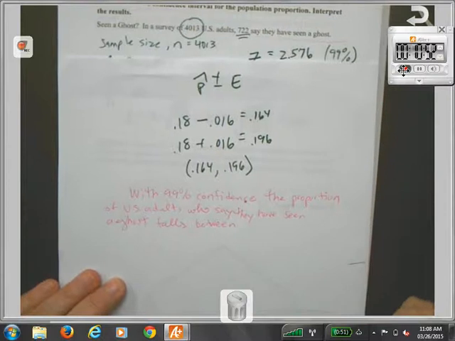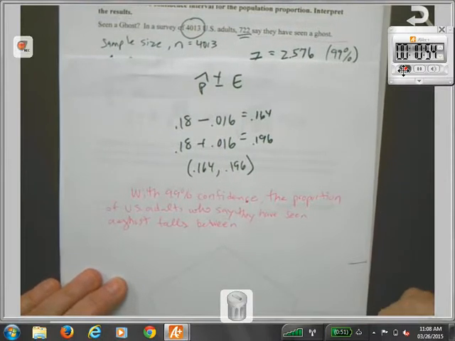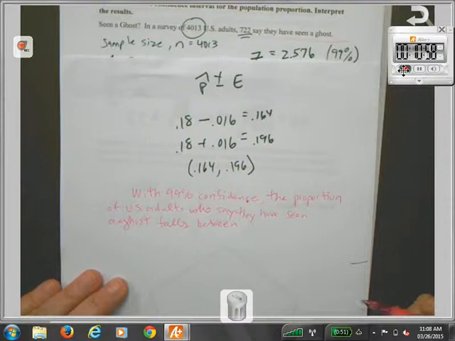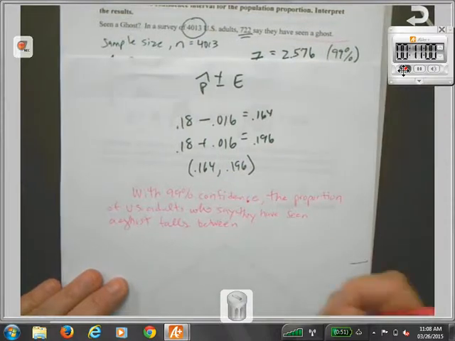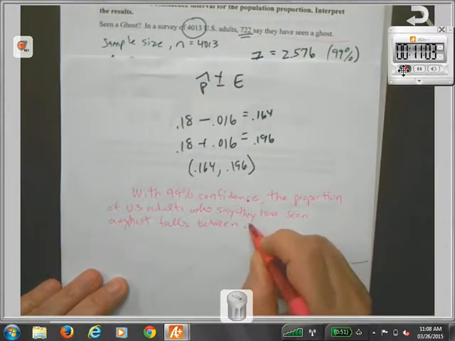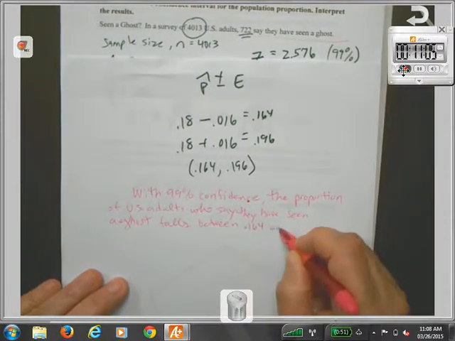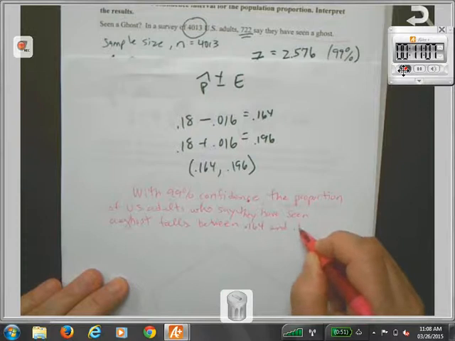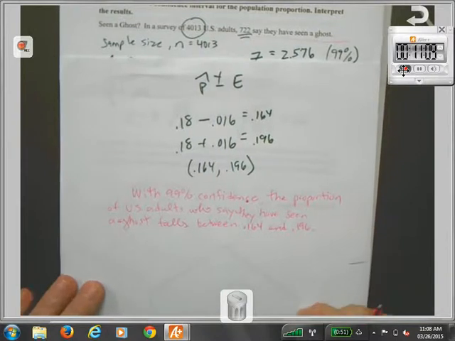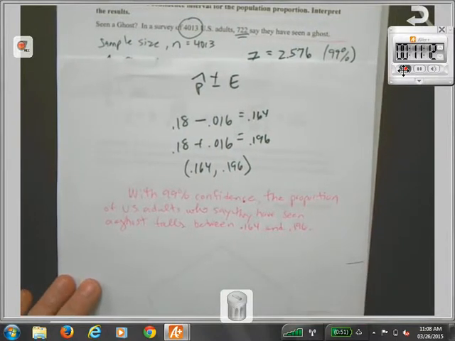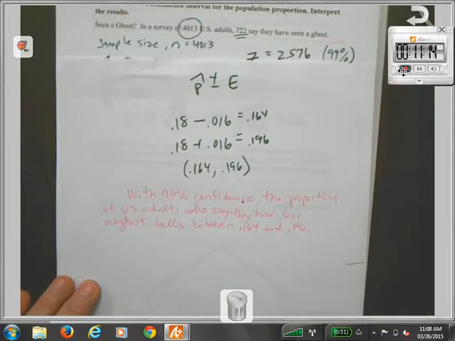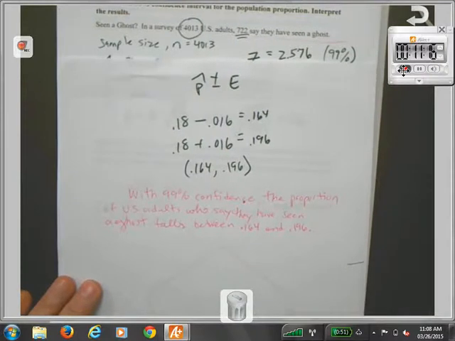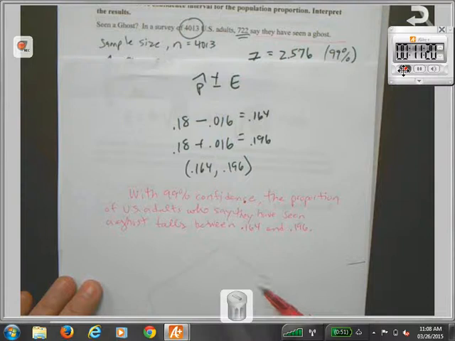You can express it as a percentage if you want, especially if the question asks for what percent. In this case, it says population proportion, so I'll put the proportion. Between 0.164 and 0.196. And that is our interpretation of this confidence interval. So again, with 99% confidence, the proportion of U.S. adults who say they have seen a ghost falls between 0.164 and 0.196.